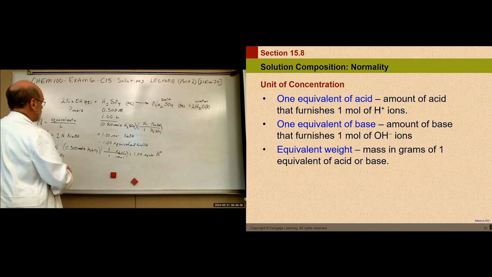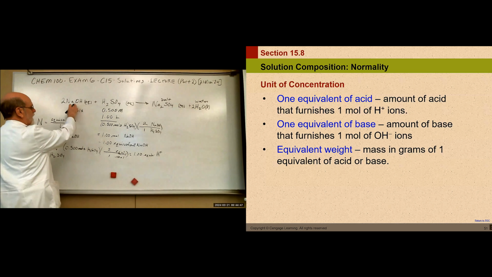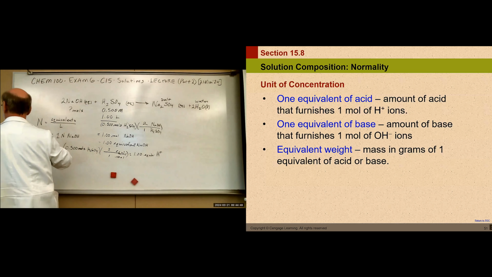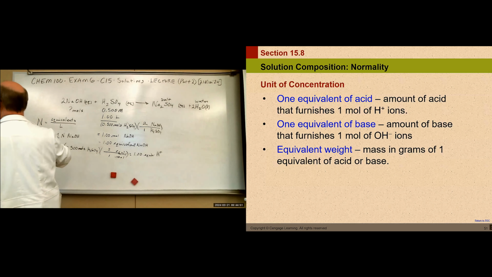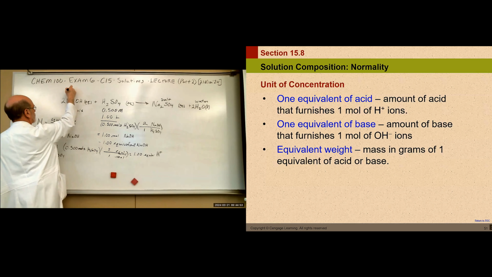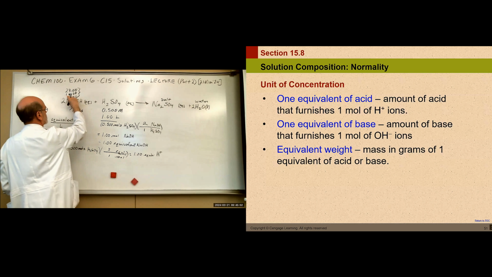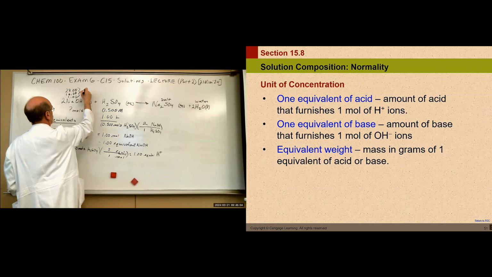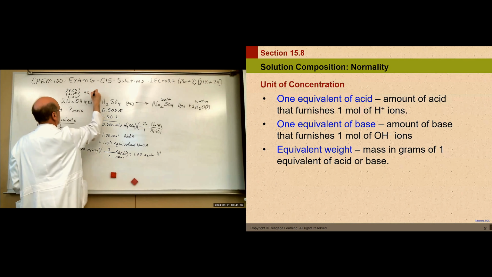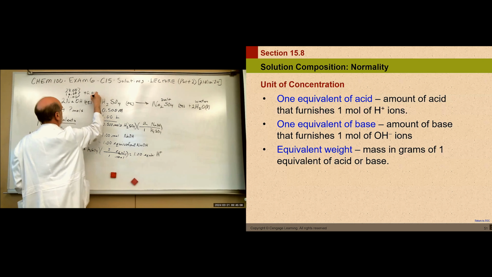All right. So what is the molar mass of sodium hydroxide? Well, let's see. Sodium is 23, and 16 for oxygen and 1.01 for hydrogen. So that's 40.01 grams per mole.